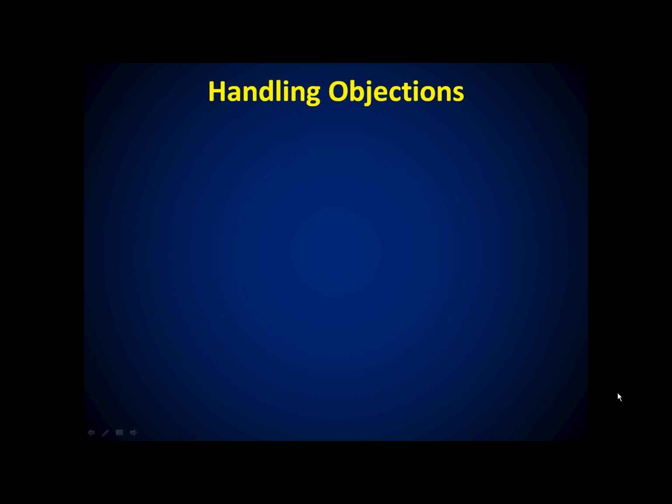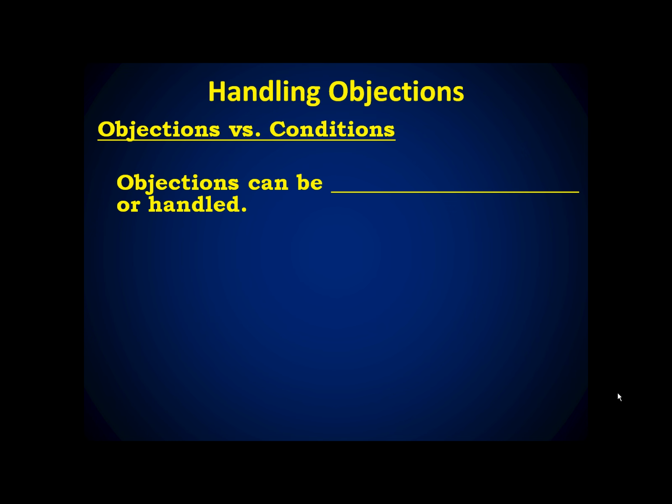In the sales profession, we encounter objections every single day, or we really should, right? And the first question I want to ask you is, what is the difference between an objection and a condition? Very simply, objections can be overcome or handled.